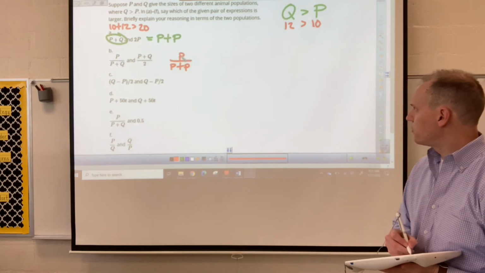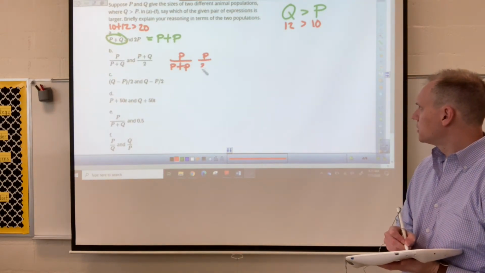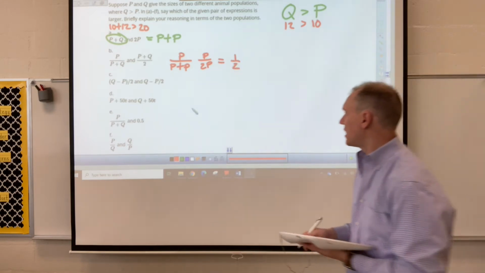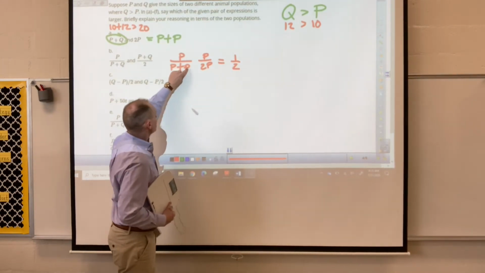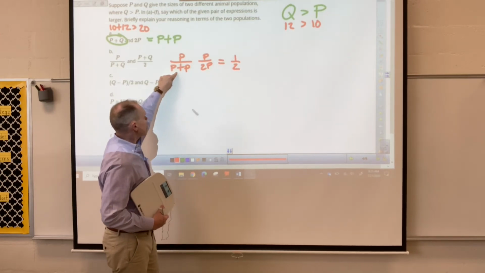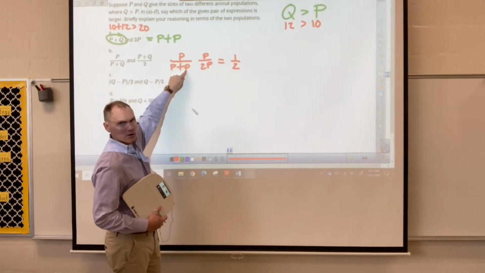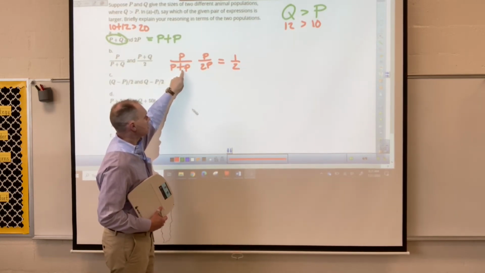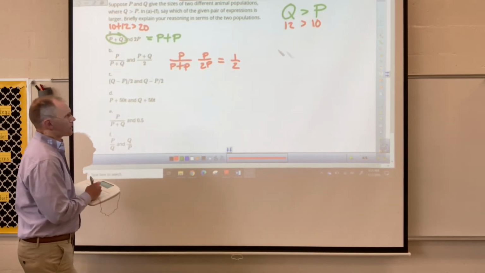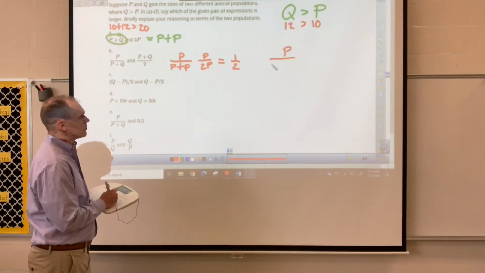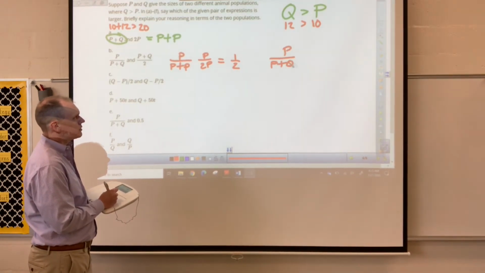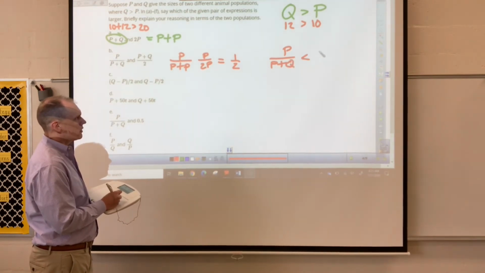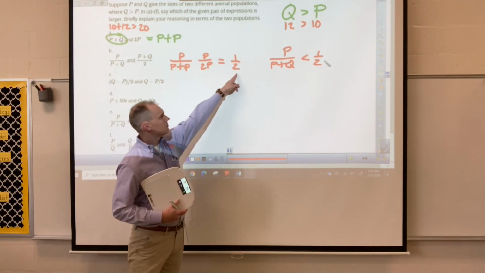So really we have p divided by 2p, which would be 1/2, right? But it's not. It's actually p plus q. So the denominator here is going to be bigger than this one, right? This denominator is bigger than this denominator. So that means that for p over p plus q, if the denominator is bigger, the overall number is going to be smaller than what we got by doing it this way.